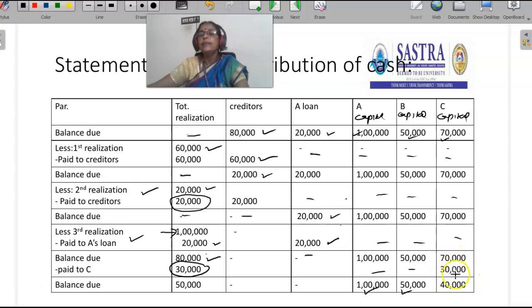So that 30,000 rupees is settled, and his capital account now stands at 40,000 rupees. The balance due, that is the cash available in the third realization, is 50,000 rupees. Still the firm has 50,000 rupees.